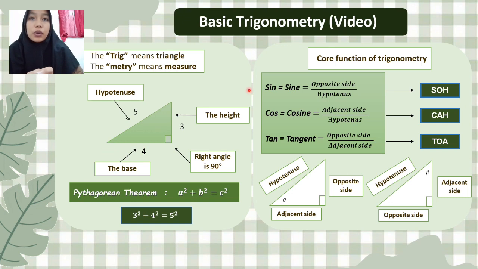Core functions of trigonometry: we have sin equals opposite side over hypotenuse, and cos is adjacent side over hypotenuse, and tan equals opposite side over adjacent side.